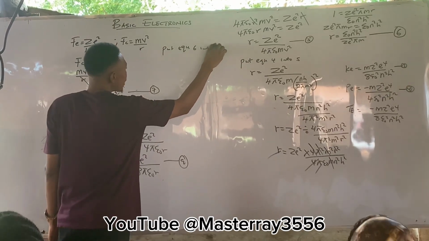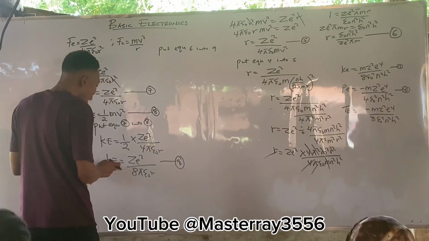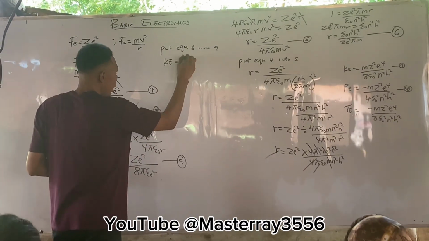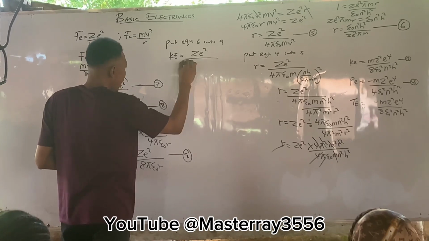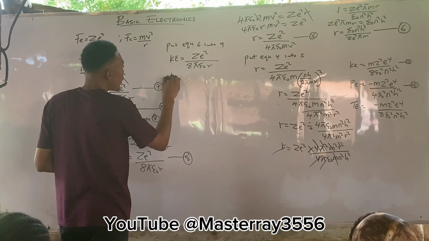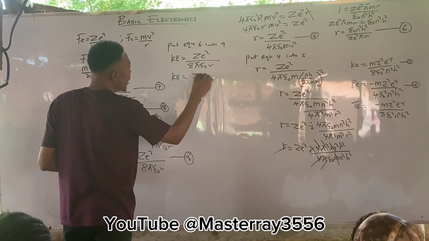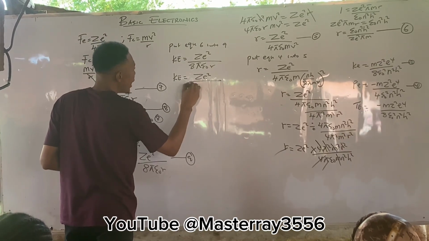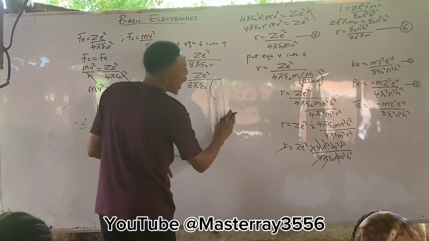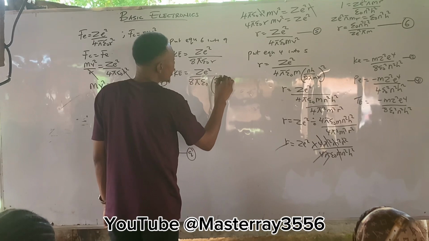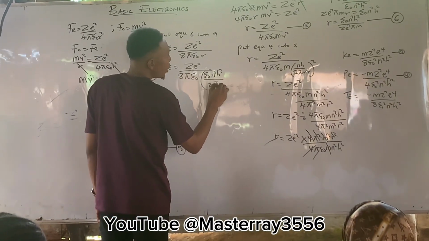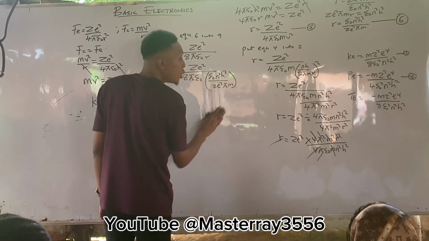So you put equation 6 into 9. So now our equation 9 is KE equals Z squared over 8 pi epsilon r. What's r? r is E naught N squared A squared over Z squared pi N, is it not? Yes.